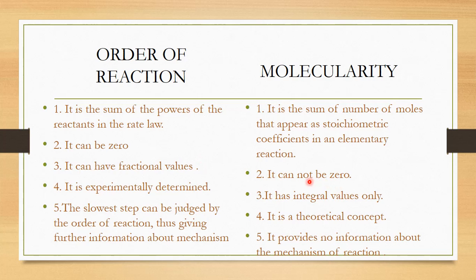But molecularity cannot be zero and it has integral values only. Order of reaction is determined experimentally. You cannot tell the order of reaction by simply having a look at the reaction, whereas molecularity is a theoretical concept. The slow step can be judged by the order of reaction, thus giving further information about the mechanism, whereas molecularity provides no information about the mechanism of a reaction.